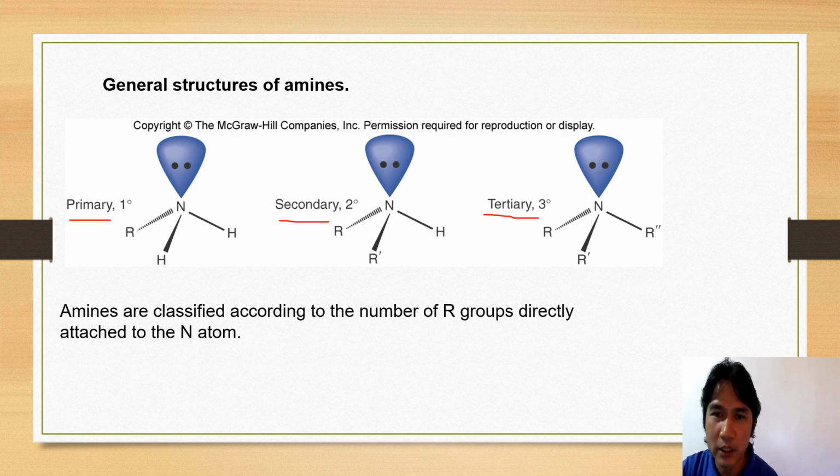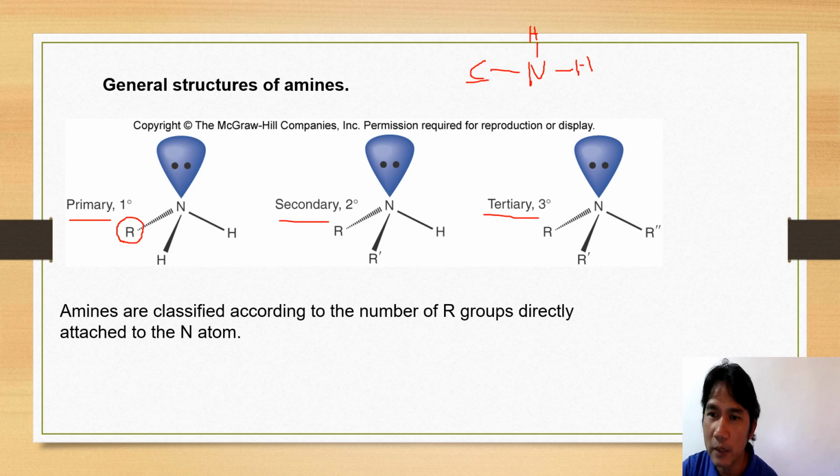In primary amine, as you notice, there's only one R group. There's only one alkyl group. So example is this. There's only one carbon attached to the nitrogen. That's primary amine.